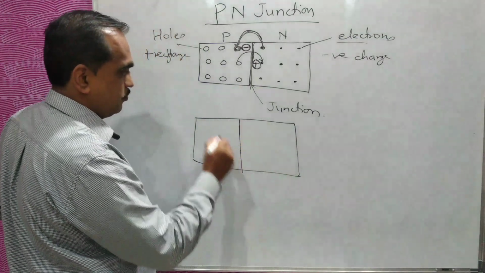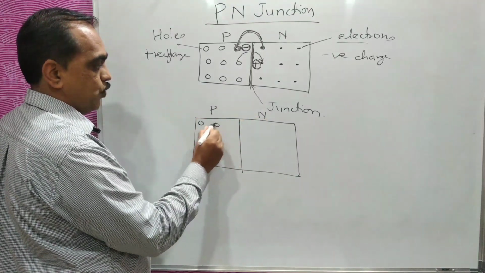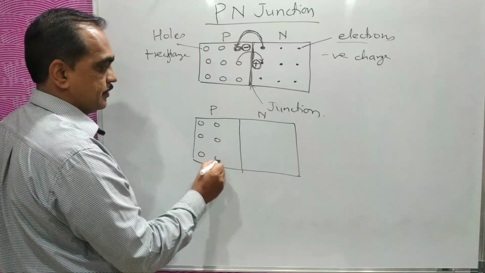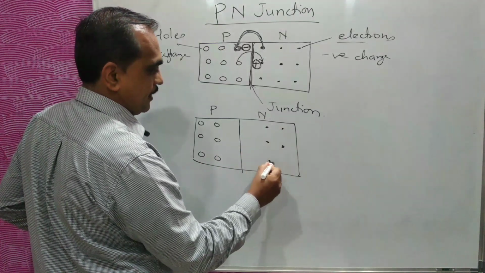This is your P-type material, this is N-type material. These are holes of P-type, these are electrons of N-type.